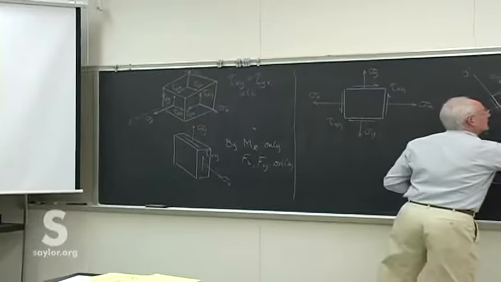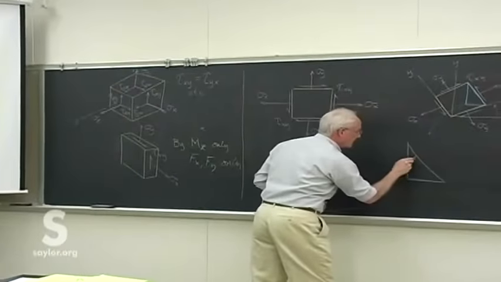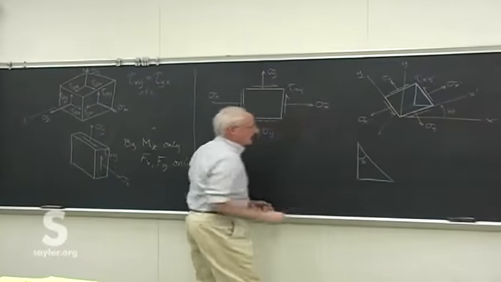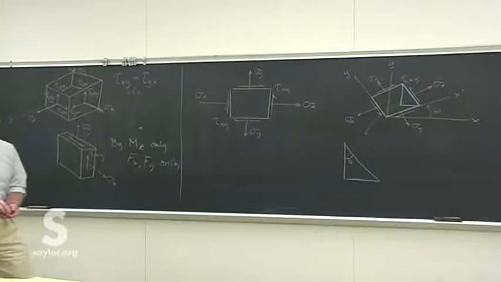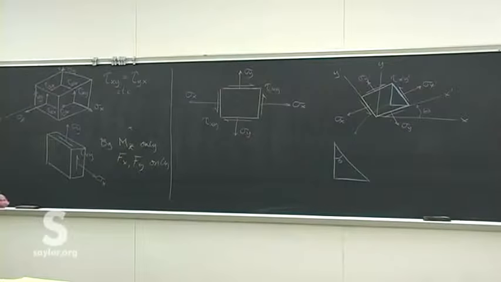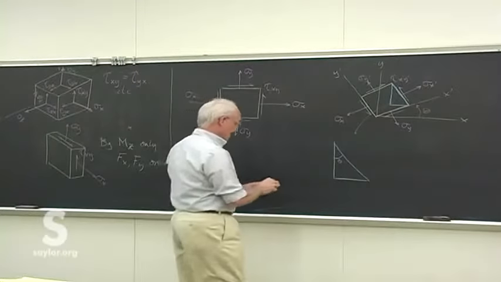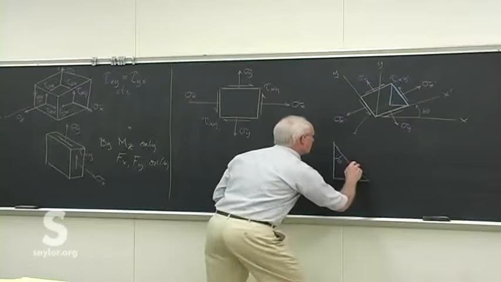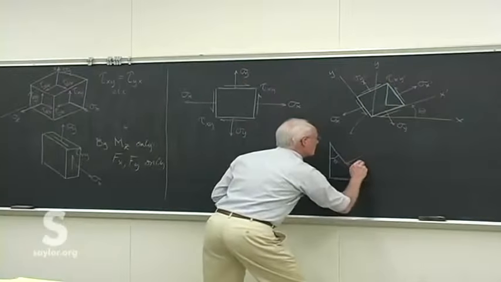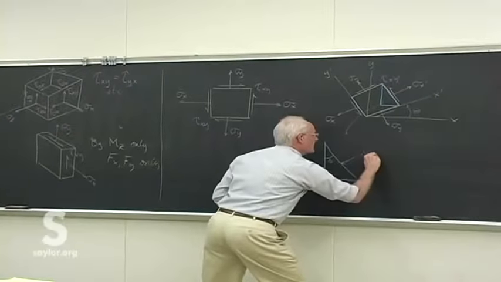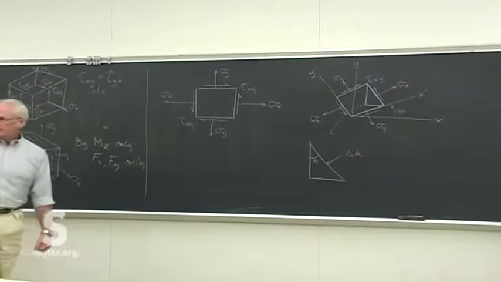So if we call that theta, that angle is theta there. And then we need to do what we always do. We balance the forces and balance the moments. So let's see. We'll call that area delta A.